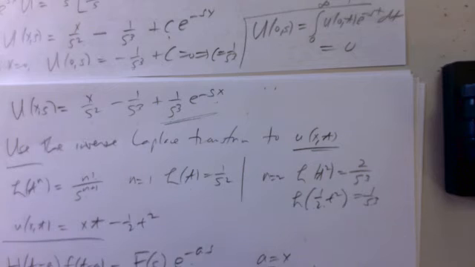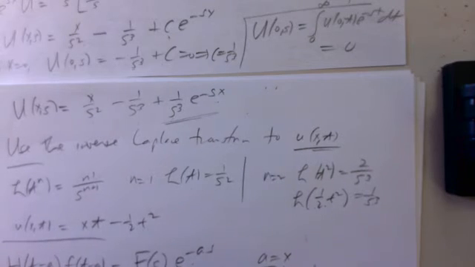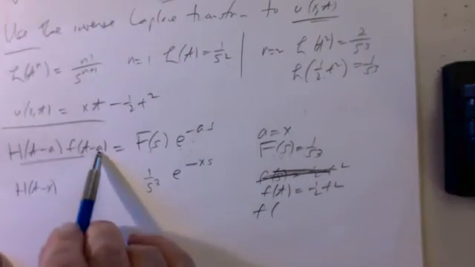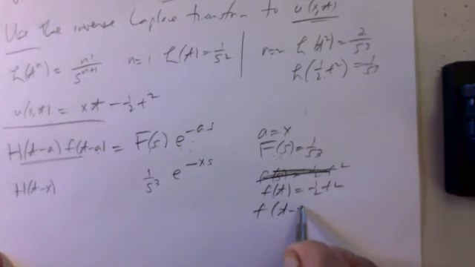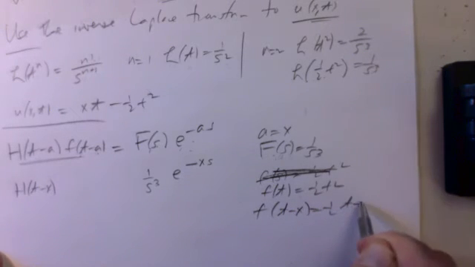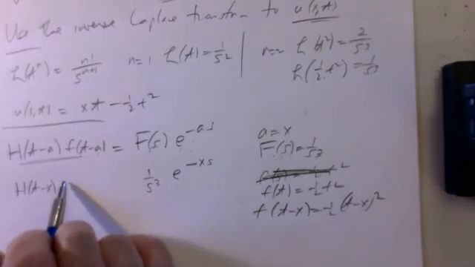Oh, yeah, I want f of t minus a. So my function f of t is a half t squared. f of t minus a is f of t minus x, which is a half t minus x squared.